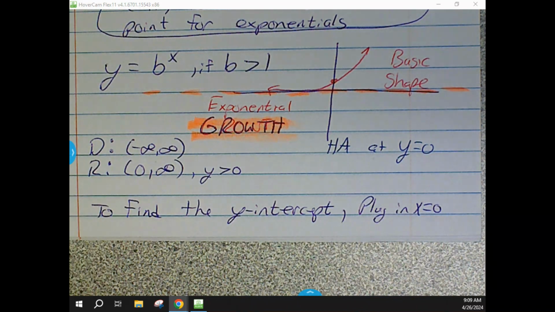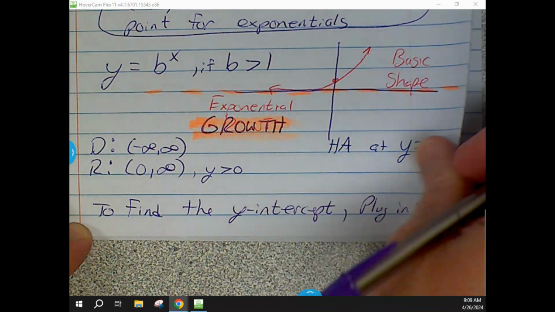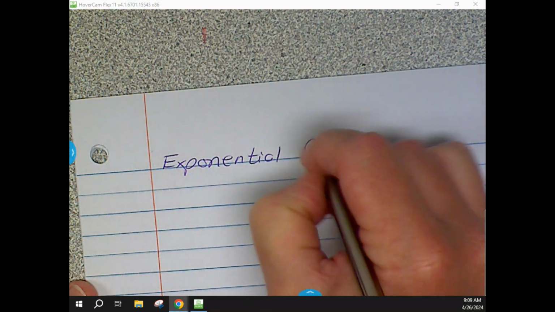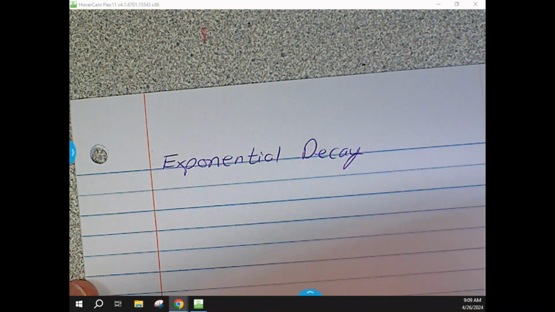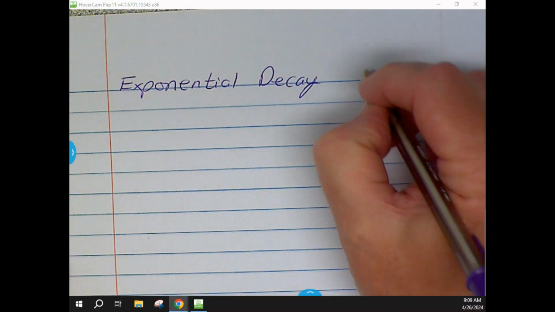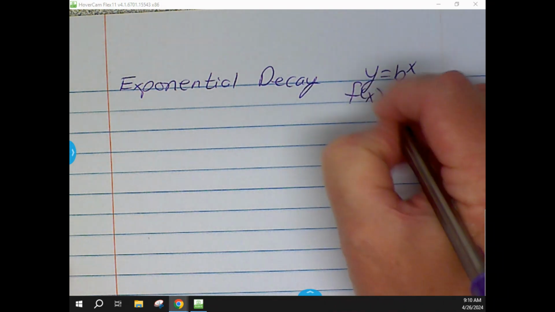Okay, so if you have growth, you can also have a decline, or what they call exponential decay. And with exponential decay, the big difference on this one, again, it's going to be still the same thing, y equals b to the x, or f of x equals b to the x power.